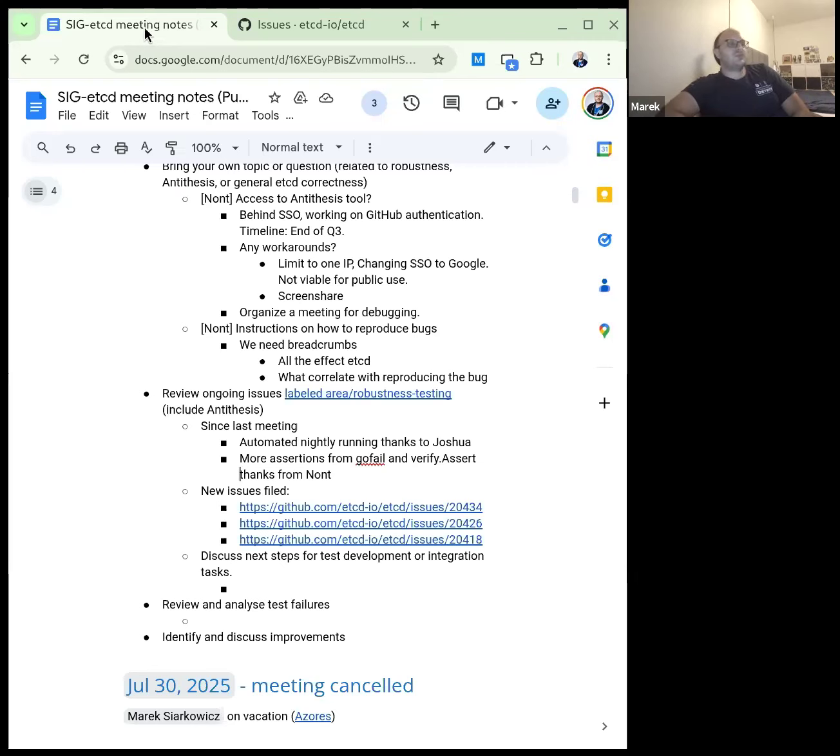I was a little bit reluctant to do that because it basically means that we need to write a runtime, like the end-to-end testing framework that the etcd robustness tests use. So basically a dedicated binary that can manage an etcd cluster.